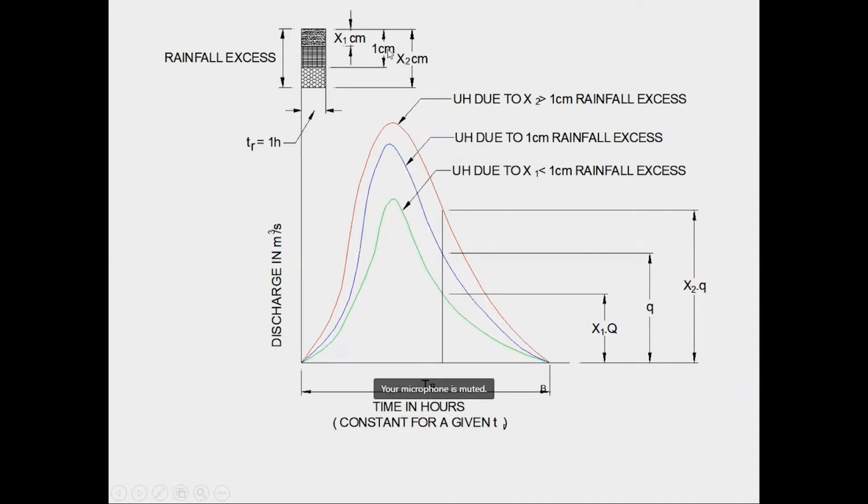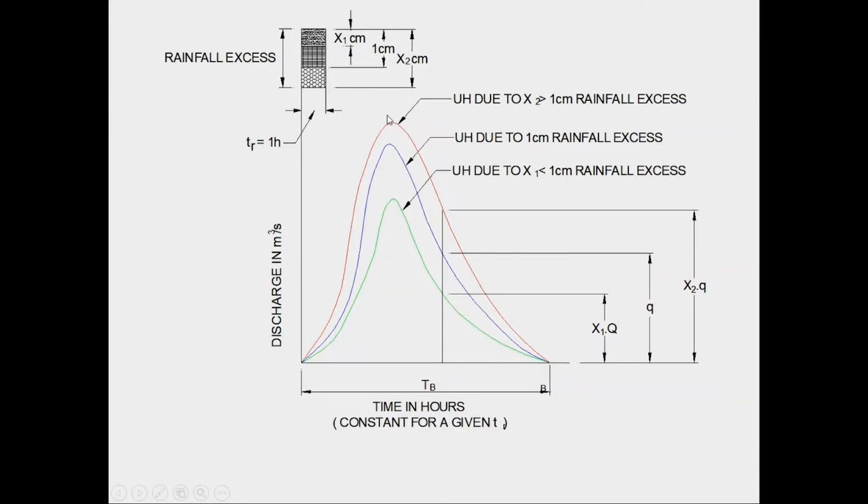If this is x2, which is more than 1 centimeter, then this red line is the hydrograph where the rainfall is more. Instead of 1 centimeter it is x2 centimeter, which is more than 1 centimeter. So this is the graph which has just been expanded by multiplying.